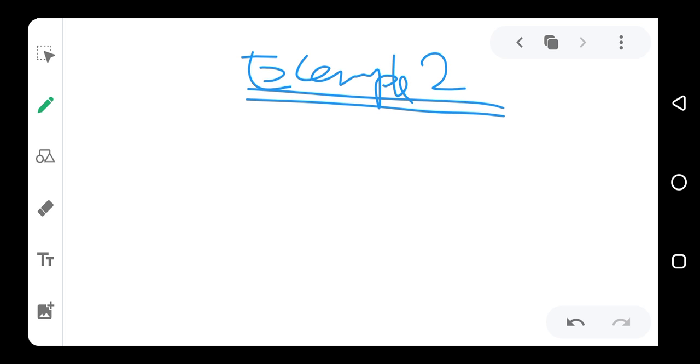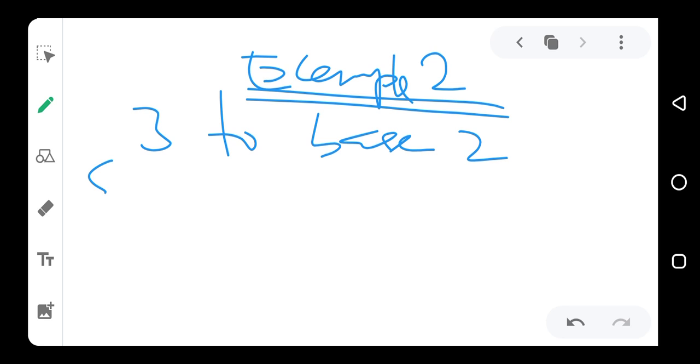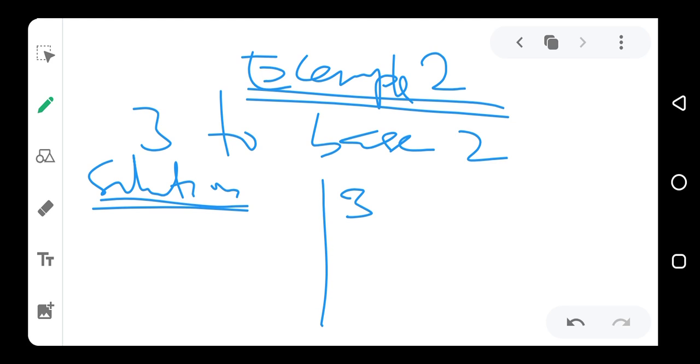Now if we have 3 and we want to convert it to base 2, 3 in base 10 to base 2, we have 3, and we are dividing it by 2.